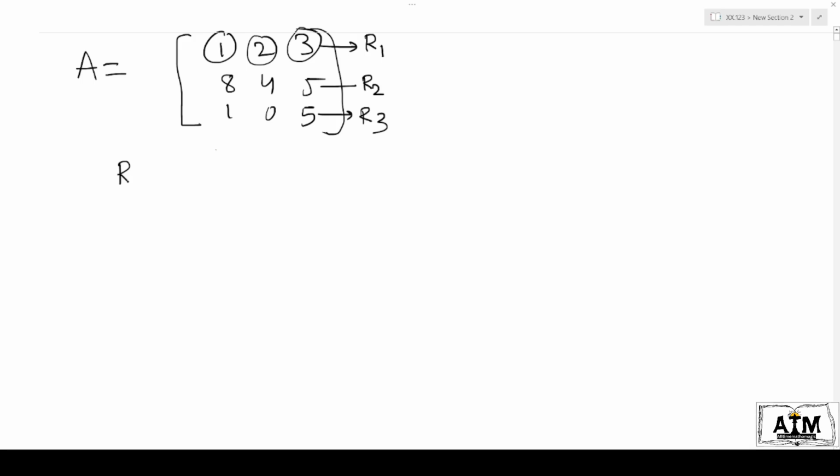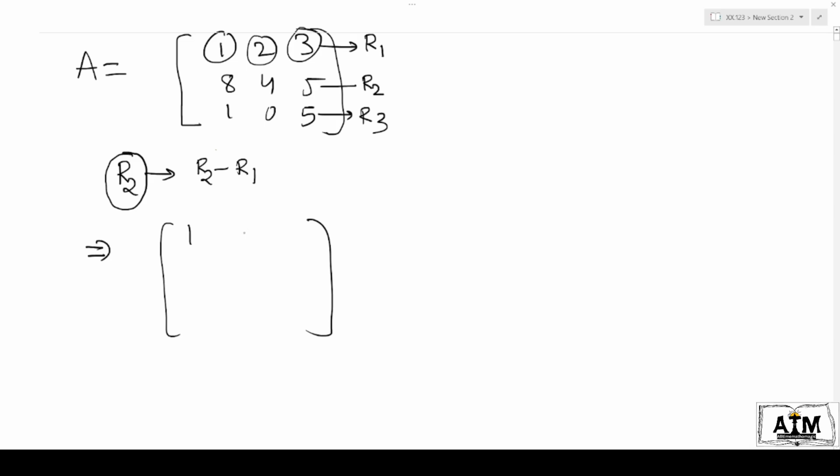Suppose we write R2 tends to R2 minus R1. What is the meaning of this one? The change will take place at R2, and R1 will remain the same and R3 will remain the same.